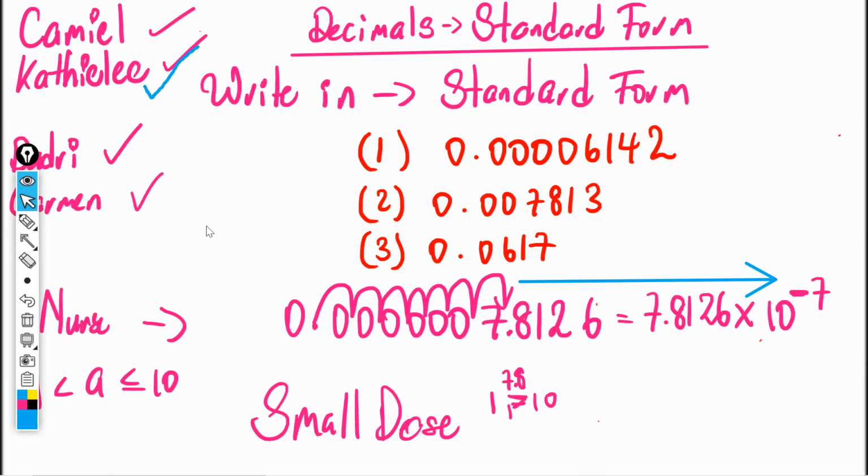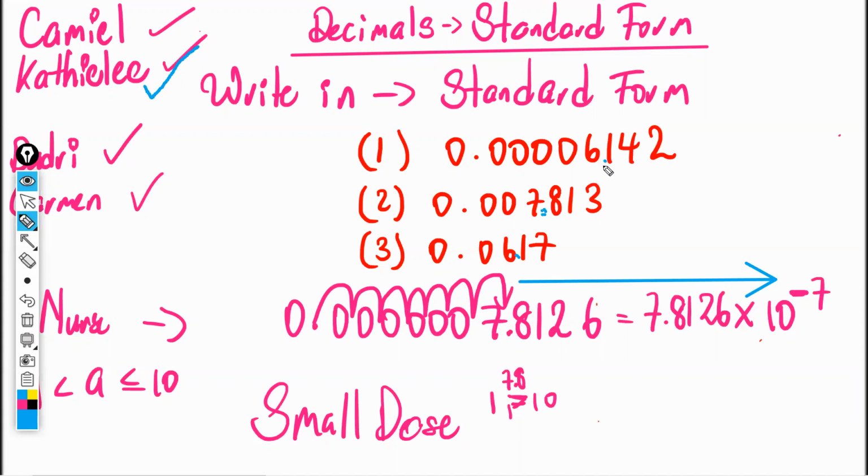Sir, is it the same procedure, although there's no point at the end in these 3? Yes, it's the same procedure, but the only thing is you're moving the point to the right now. That's the only difference. You always move it to the place where the number is between 1 and 10.